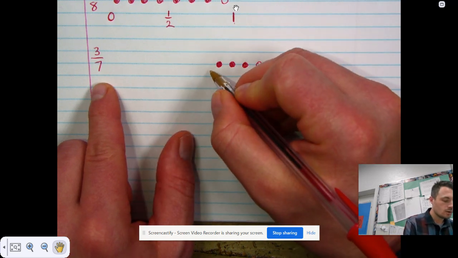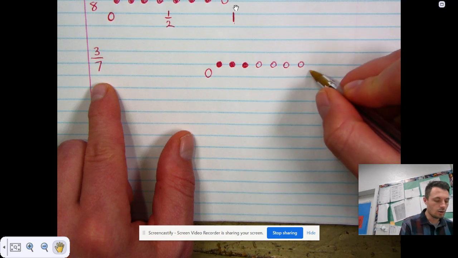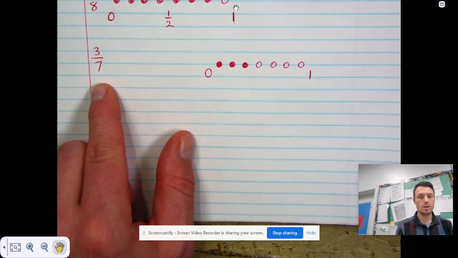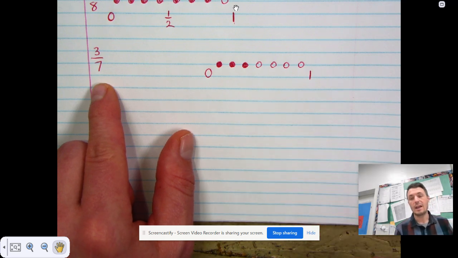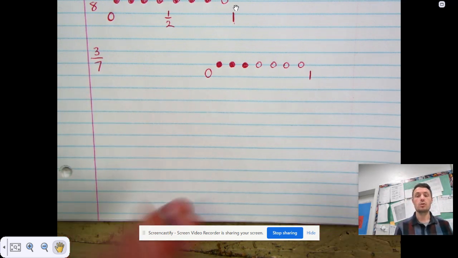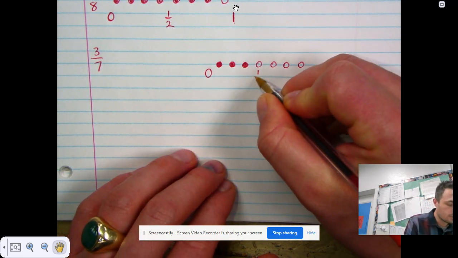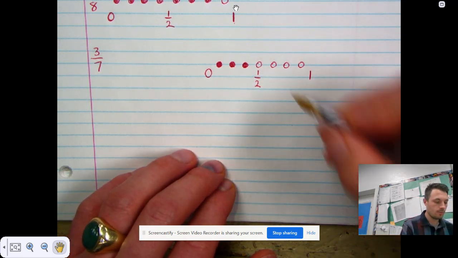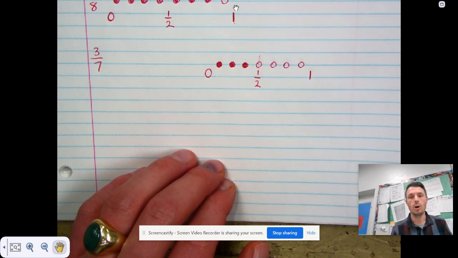Now, 0 of them being red would be over here. All of them being red would be over here. And 7 is not an even number, so there's not an even number of marbles on each side of half, but 1/2 would be right here, halfway between this center marble.